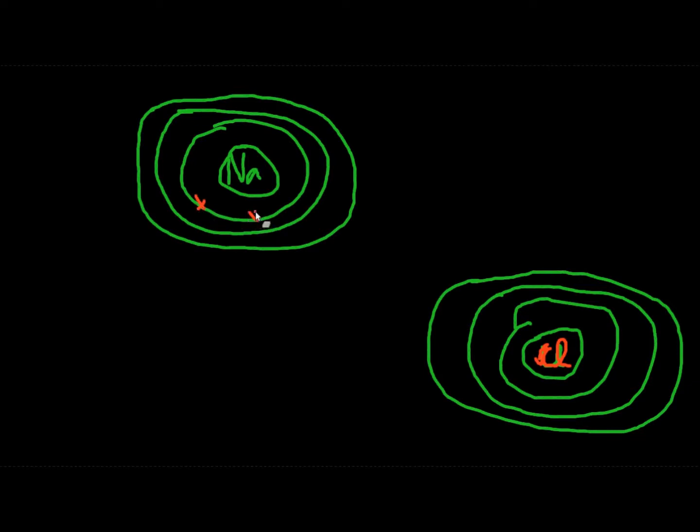Let me draw the electrons. This time the electrons are crosses, so don't get confused. And this will be the valence electron, since sodium has an electronic configuration of 2, 8, 1 and chlorine will have an electron configuration of 2, 8, 7.